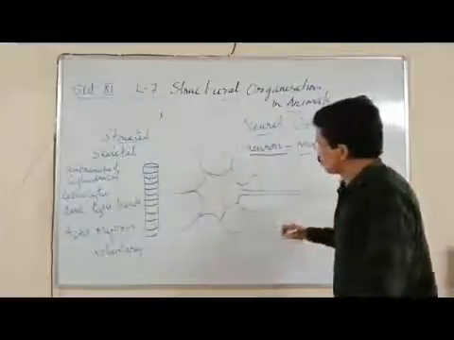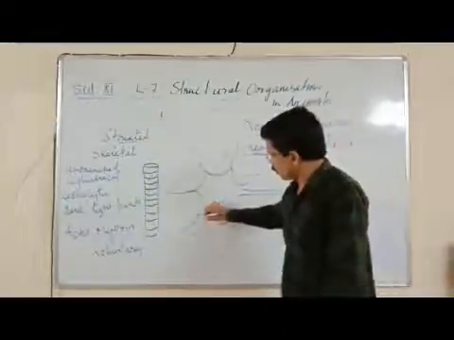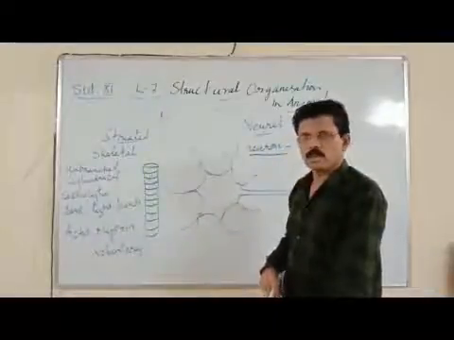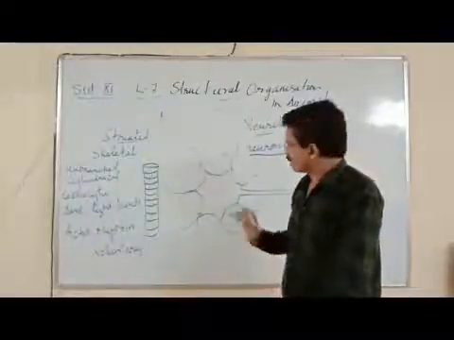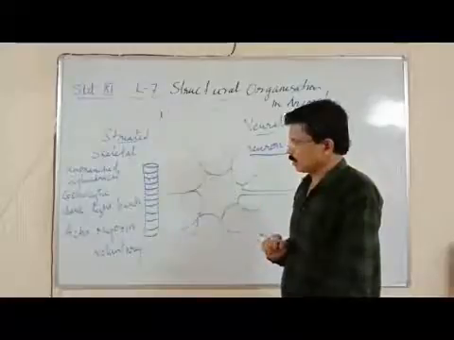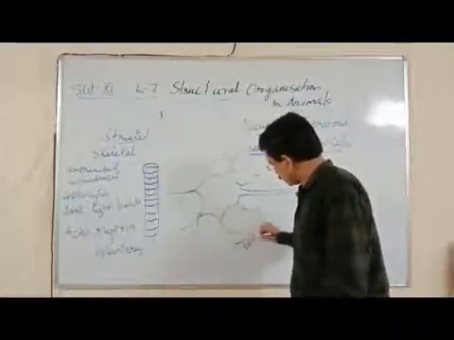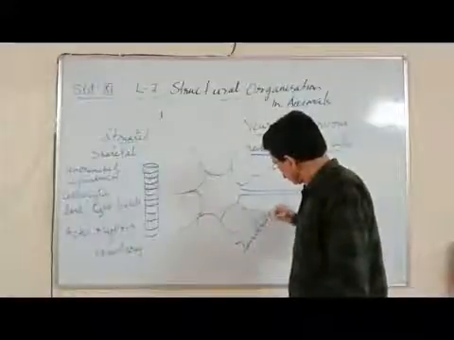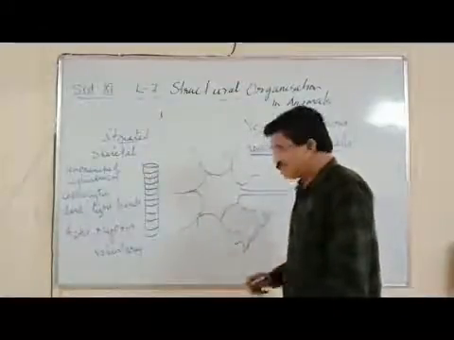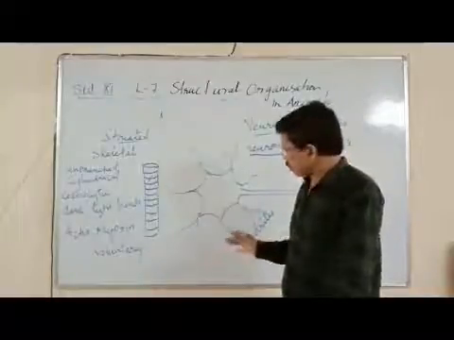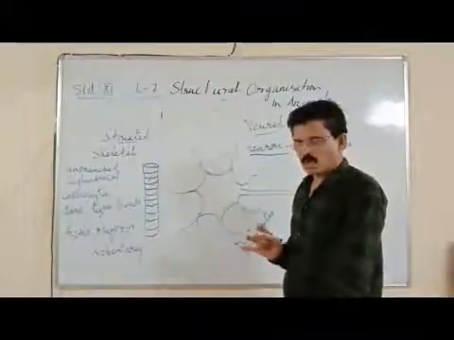The first part of the neuron will receive the stimulus from outside. That part of the neuron, we call it dendrites. Dendrites are organs which receive the stimulus from the outer medium. Dendrites are accumulated in the receptor organ or sense organ.